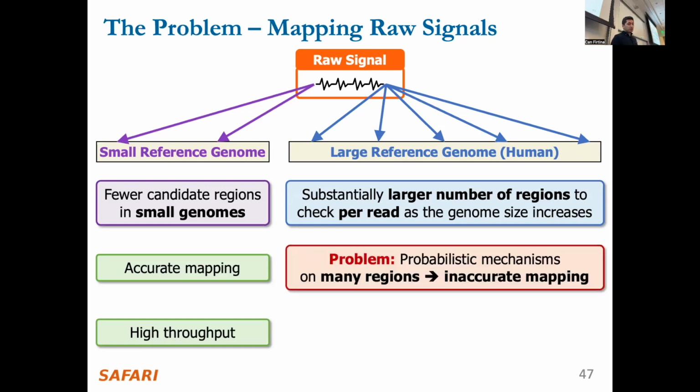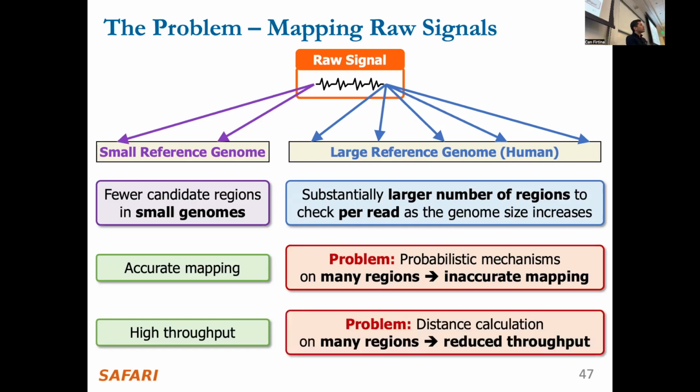So this leads to 2 problems. One problem is with probabilistic approaches such as UNCALLED. When you're working with many regions, specifically repetitive regions, this particular work cannot perform accurate mapping because it cannot decide accurately from these too many regions. There is another work called SIGMAP. It performs distance calculation to identify similarities and to perform mapping.